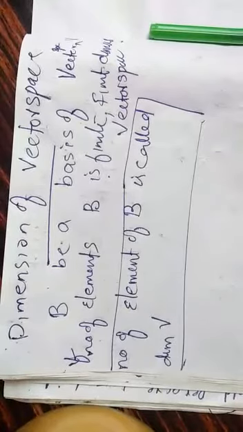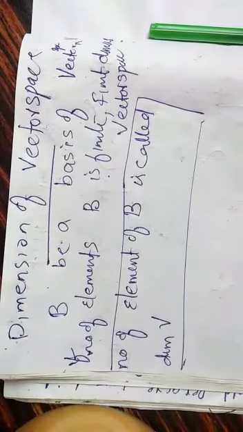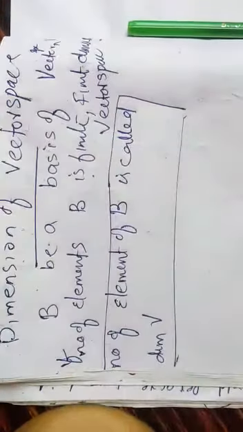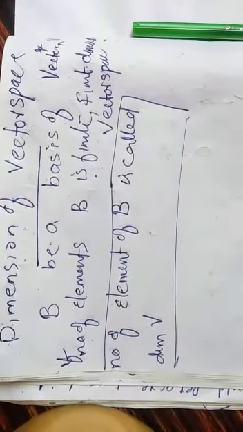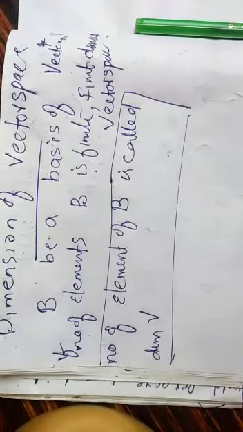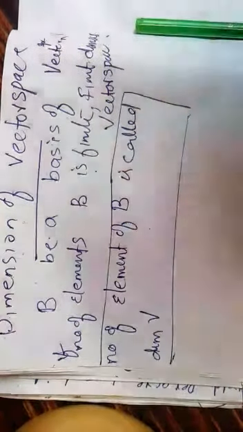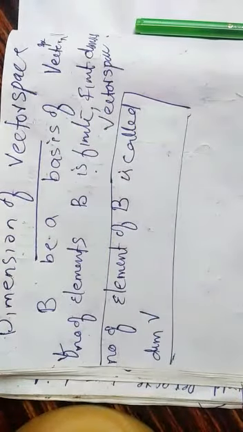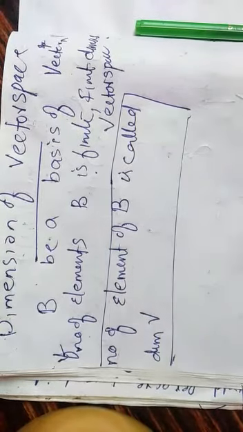So, first we take one vector space and we find out the basis of that vector space. If that basis has finite elements, then we can say that vector space is a finite dimensional vector space.